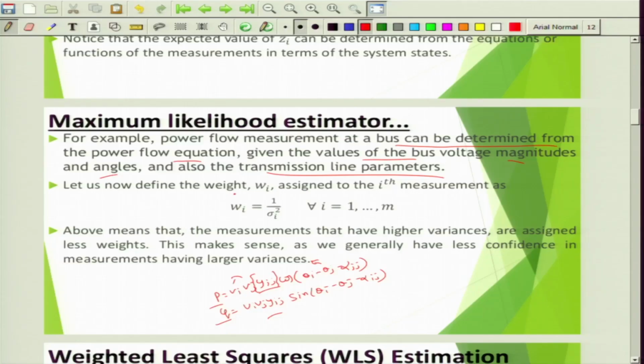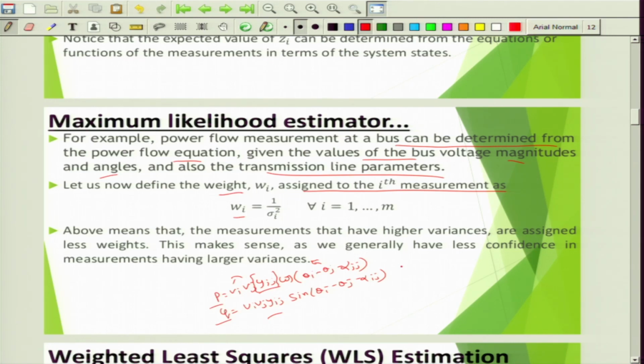Now let us define the weight assigned to the ith measurement as Wi equal to 1 by sigma i squared, right. The above means that measurements that have higher variances are assigned less weight. That means you are getting a measured value that is too much deviated from the true value, and actually has a lot of variance, that is what the standard deviation identifies.